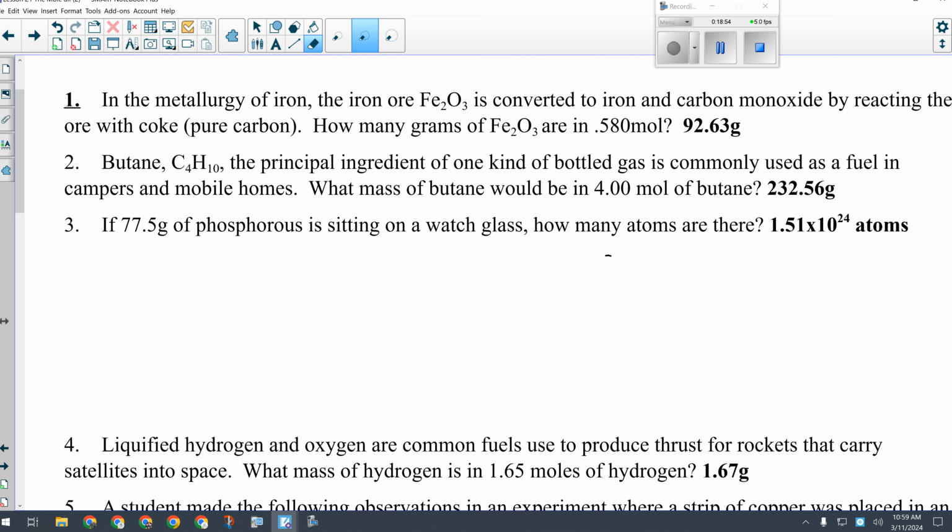That's what metallurgy is. Okay, the iron ore, iron 3 oxide, is converted to iron and carbon monoxide by reacting the ore with coke, that's pure carbon. How many grams of iron 3 oxide are in 0.580 moles?